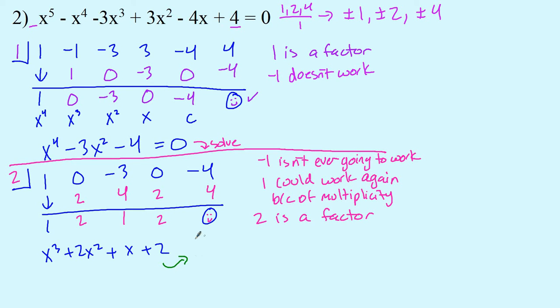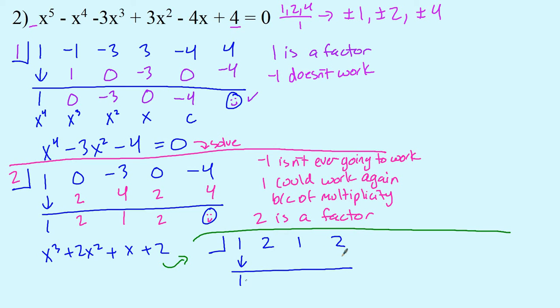So we can solve that by doing synthetic. Let me set this up with pen. So we do 1, 2, 1, 2. Our goal is to get 0, so we can try 2 again. 2's not going to work though, I'm going to tell you right now. -2, I believe, is the one that's going to work.